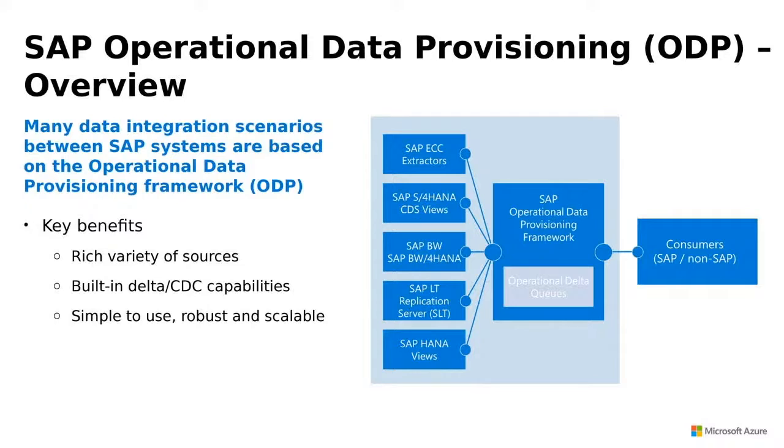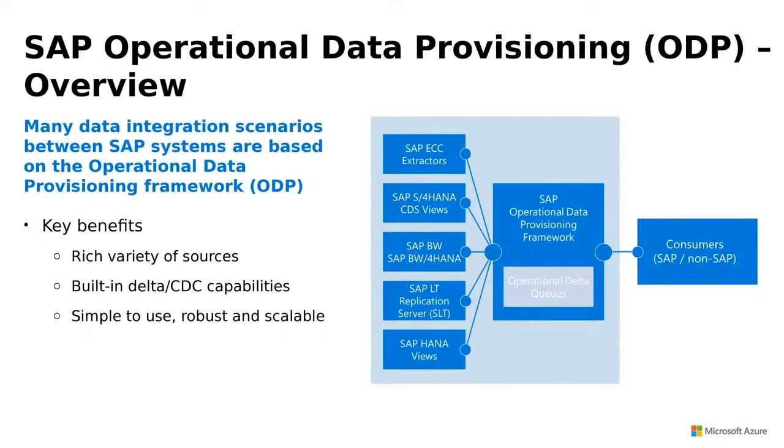And the list goes on, as you see on the left-hand side. So all of this now becomes available to consumers and to ADF in this case, since we're leveraging ODP with our newest connector.